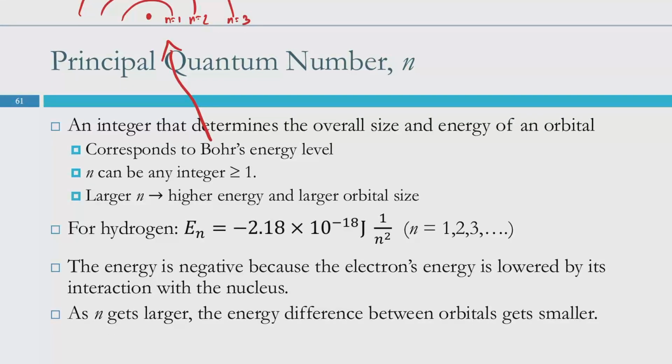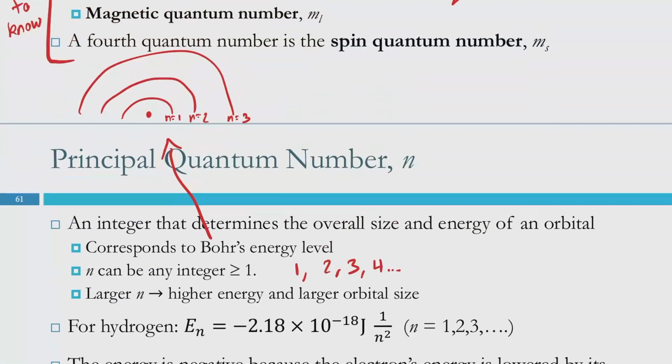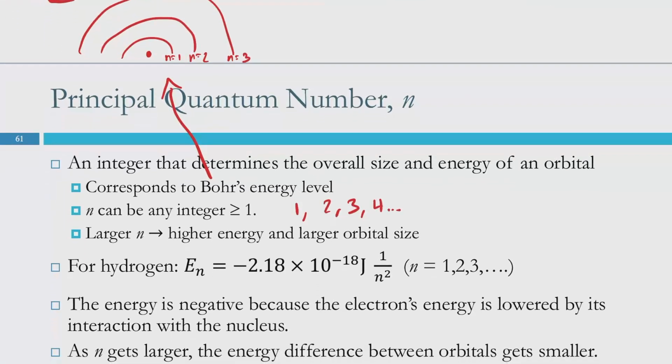It's any number that's bigger than or equal to 1. So we've got values of 1, 2, 3, 4, and so on. The higher the principal quantum number gets, the further out the shell is, the higher the energy is. It takes a lot of energy to be out there.